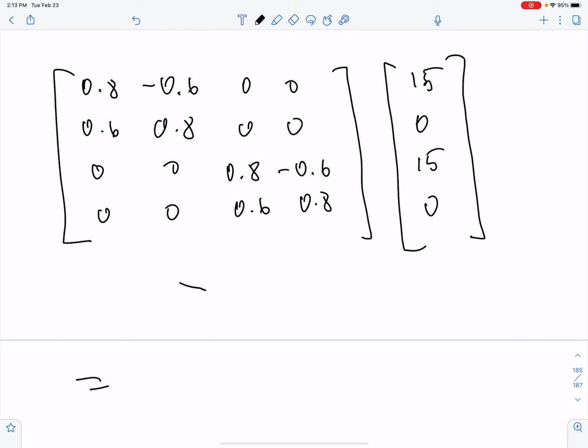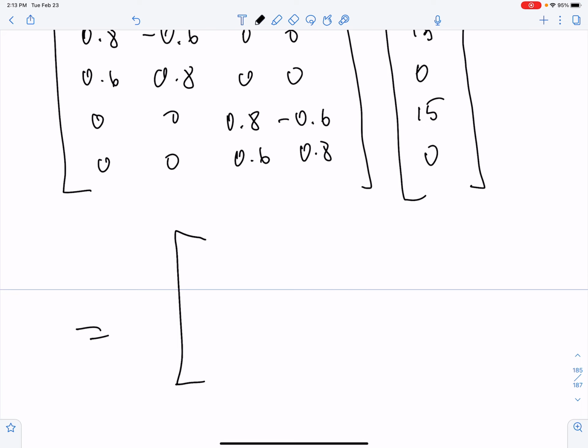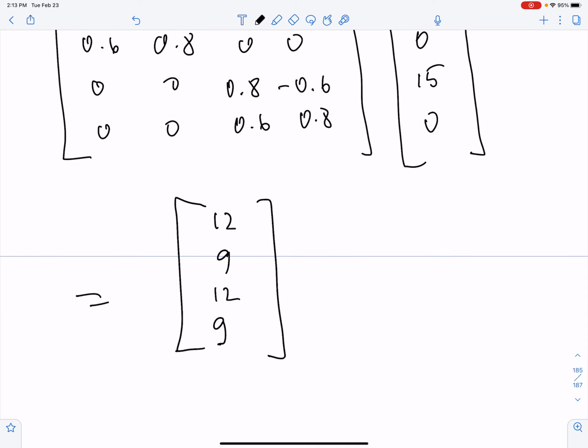We end up with the following fully populated vector, 12, 9, 12, 9. So here are the forces.